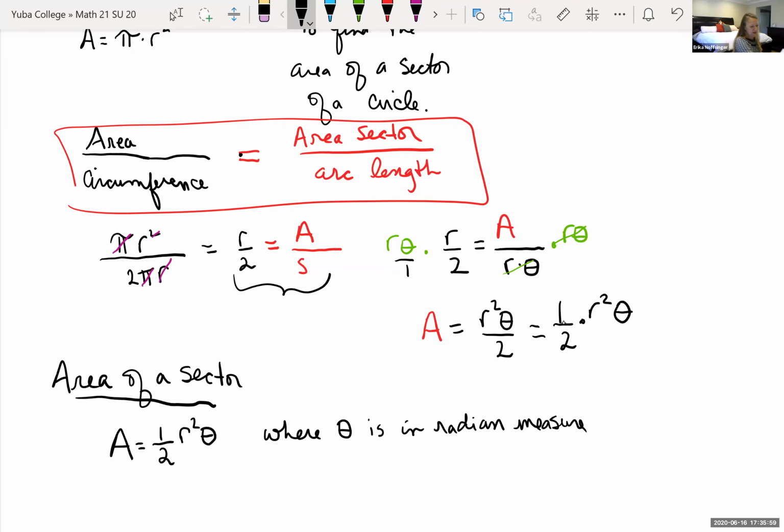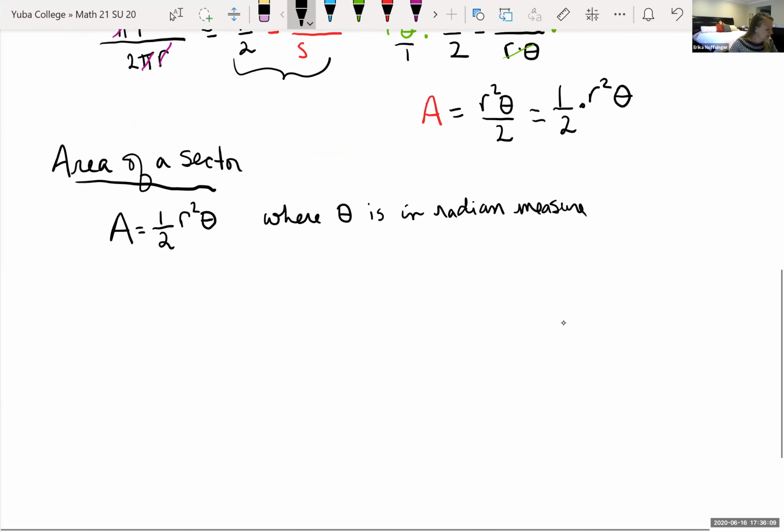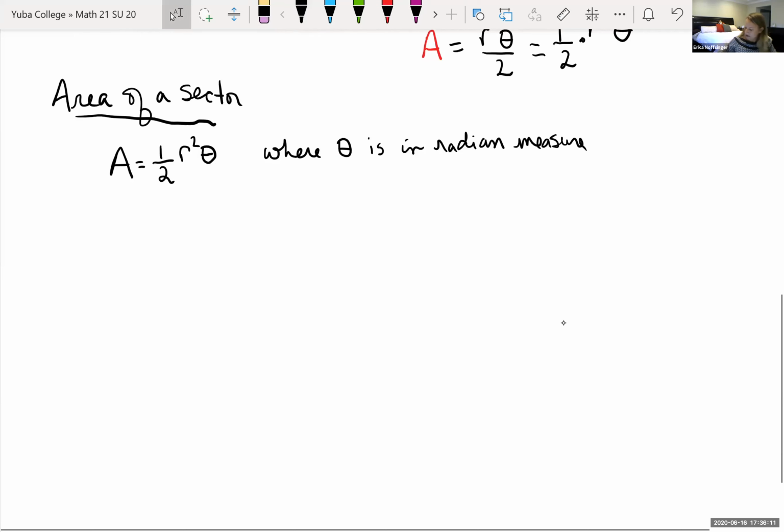So let me pull up an example. Okay, so you have a windshield wiper on your car and you want to figure out, when you're doing your windshield, how much of that area is being cleaned by the windshield wiper?